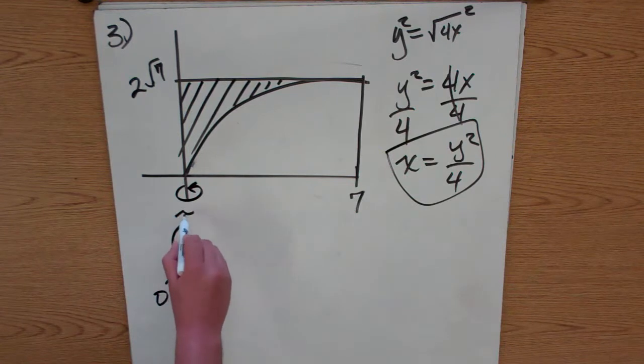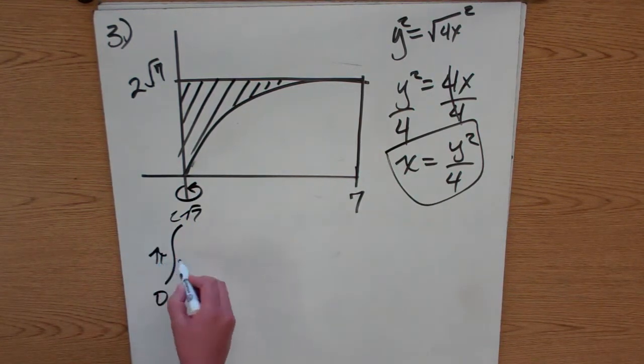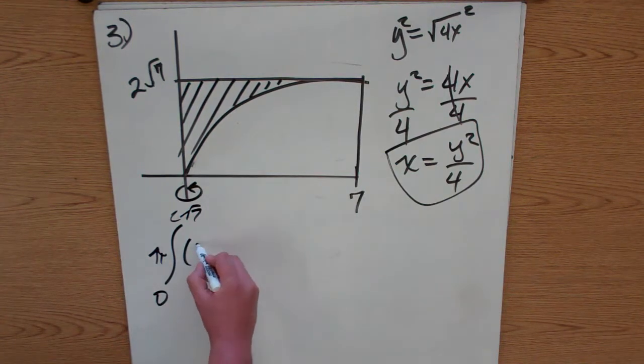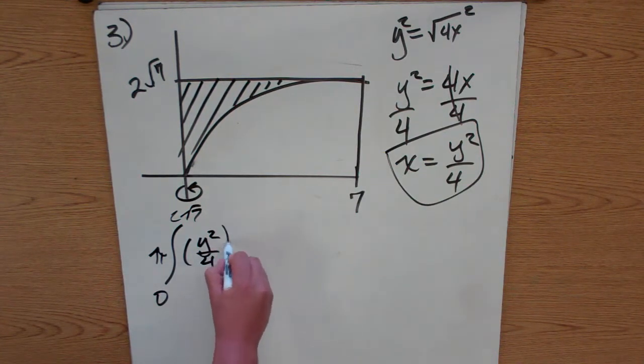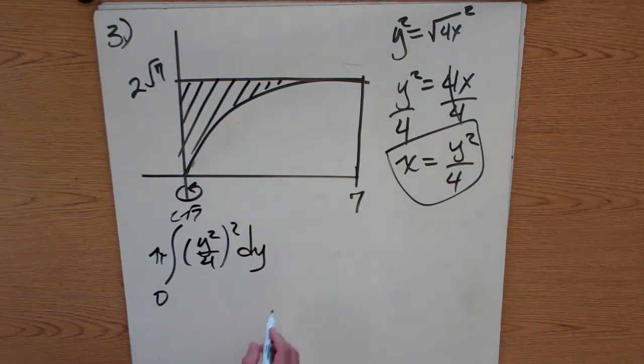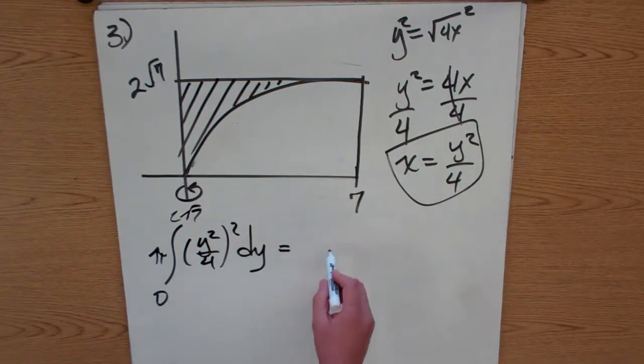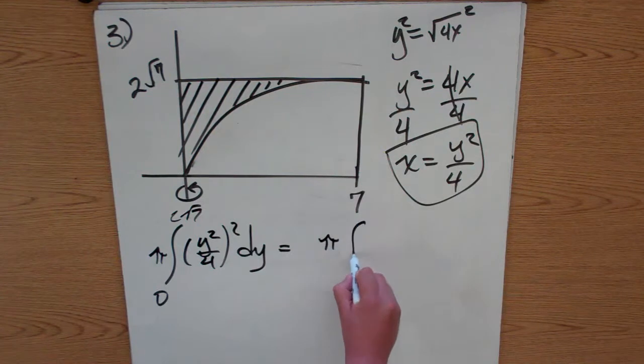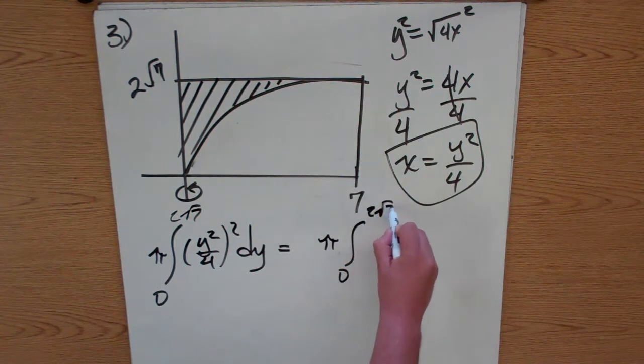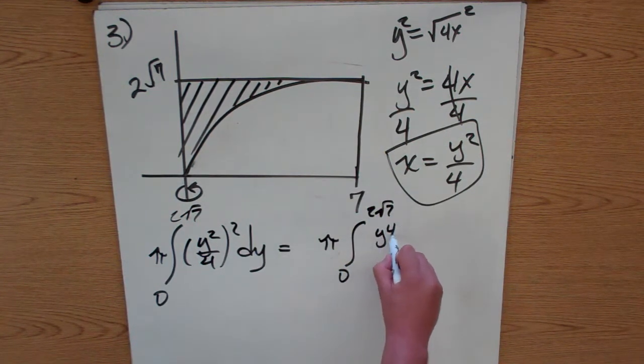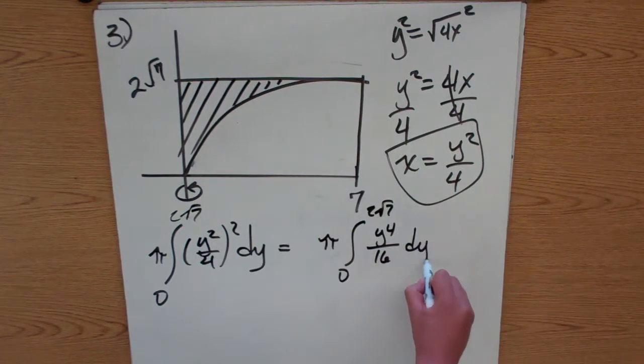So 0 to 2 square root of 7 pi times y squared over 4 squared dy. Go ahead and square that out. So you get pi, 0 to 2 square root of 7, of y to the 4th over 16 dy.